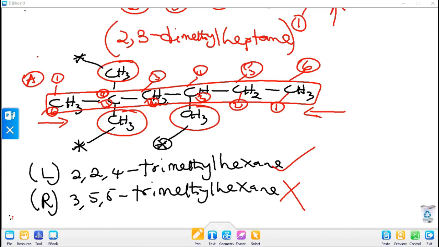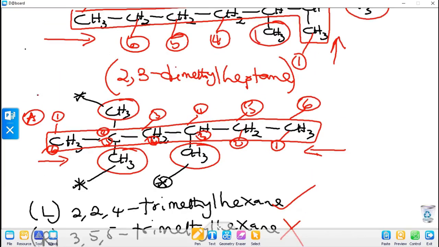That is why we have that name as 2,2. The 3rd methyl is attached to the 4th carbon atom, so we have it as 4. 2,2,4. Then we have trimethyl to indicate how many they are. They are 3 methyl, so we give that name trimethyl, and we end the name of that hydrocarbon with the parent chain name, and the parent chain name is hexane because there are 6 carbon atoms there.